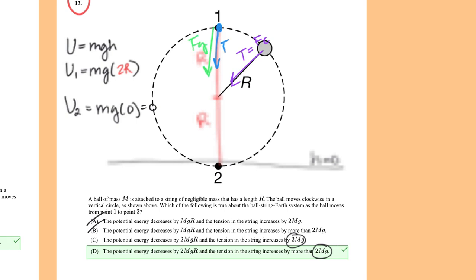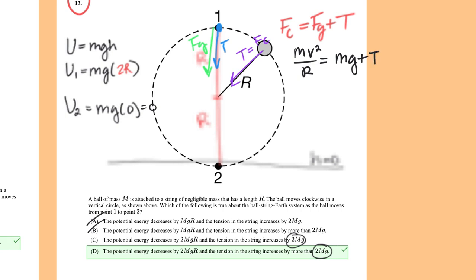If we know that centripetal force will equal the sum of all forces in the centripetal direction, so force of gravity plus tension, we know that centripetal force is going to be equal to my mass times v squared over r, equal to force of gravity, which is mg, plus tension.